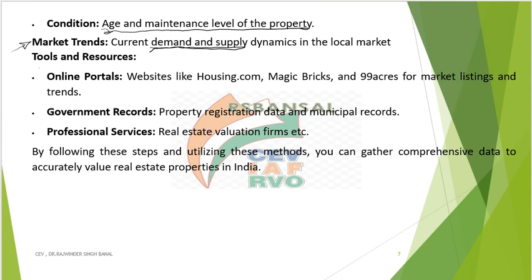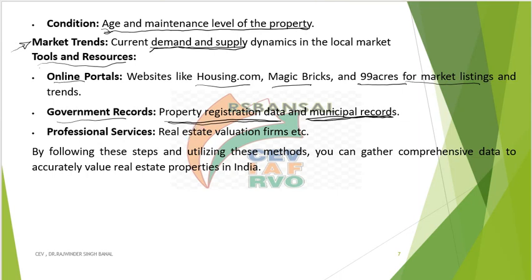Then tools and resources. You can collect the data from online portals such as Housing.com, MagicBricks, 99acres, for market listings and trends. You can get the data from government records such as property registration data from the sub-registrar's office, or from the municipal records where property tax records are kept.